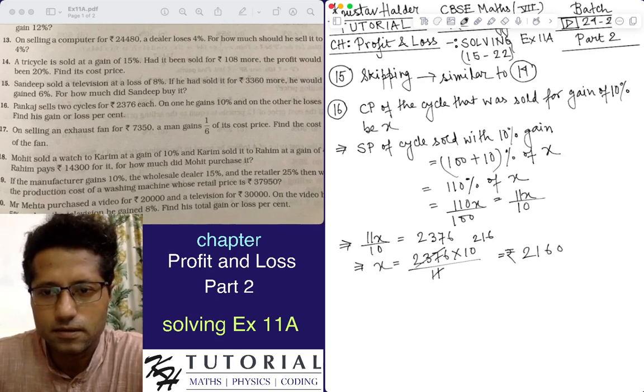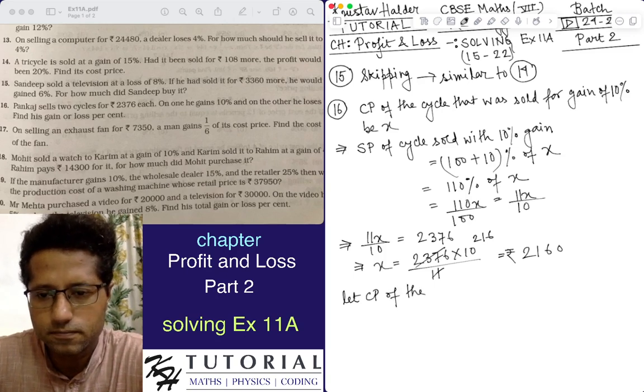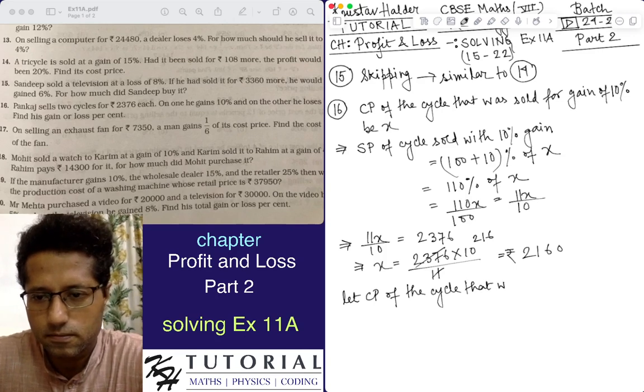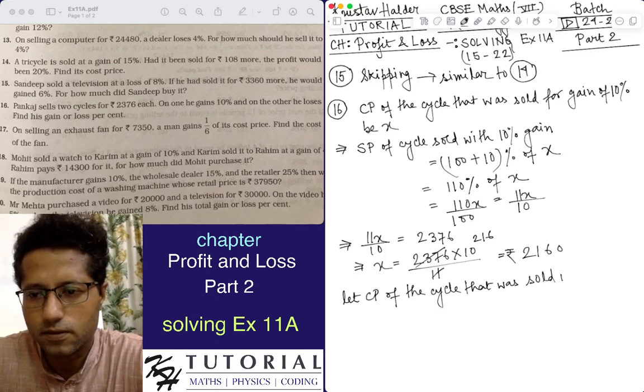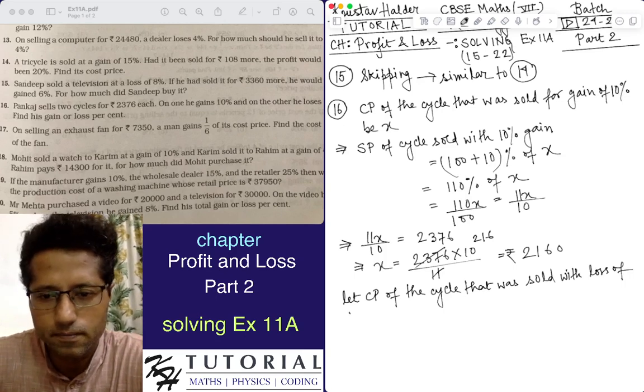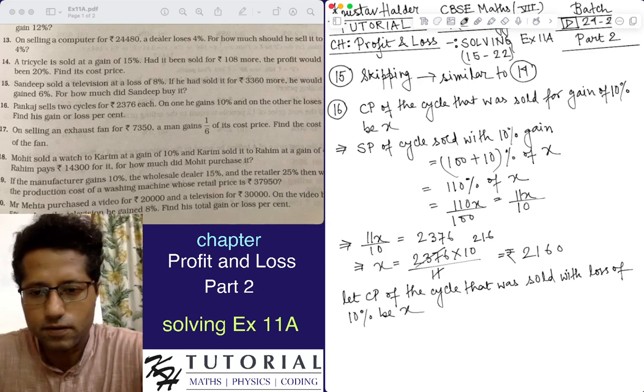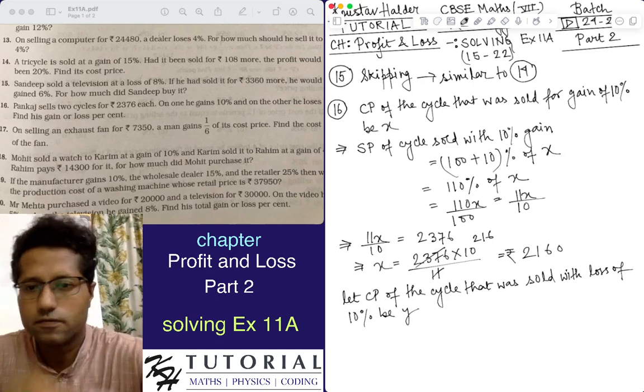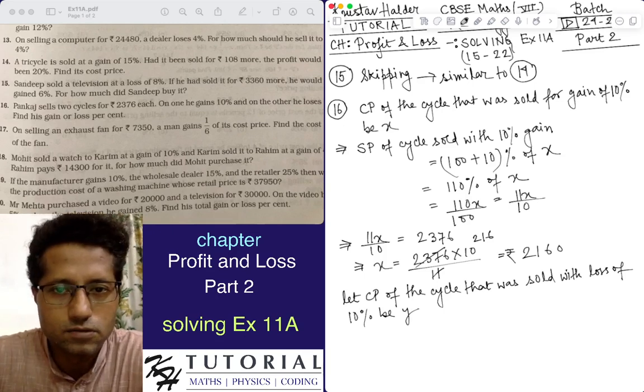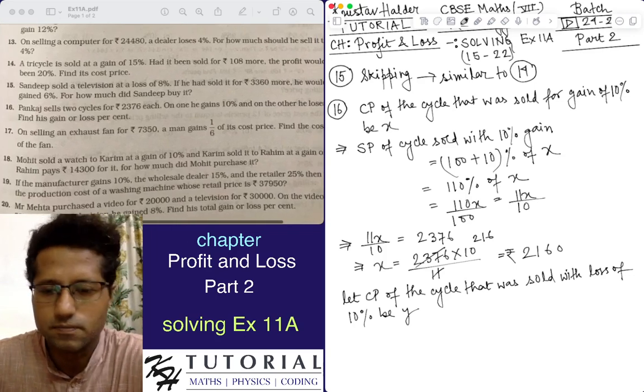So let the cost price of the cycle that was sold with a loss of 10% be X. Not X, we have already assumed X for the first case, for the first cycle. Now the loss was also 10%.